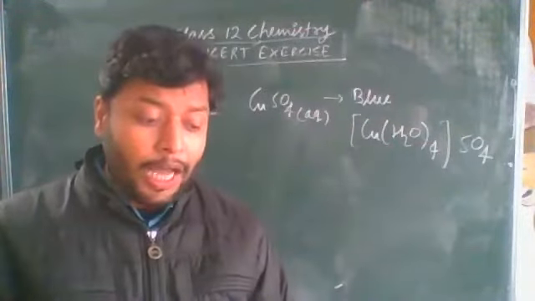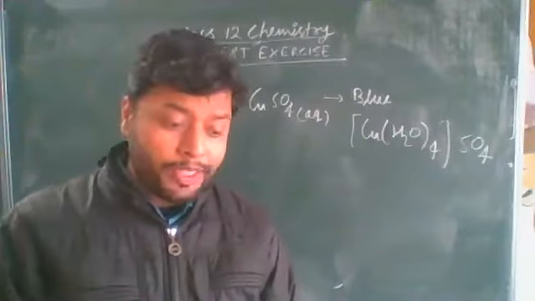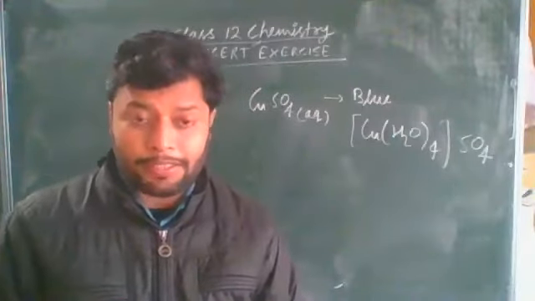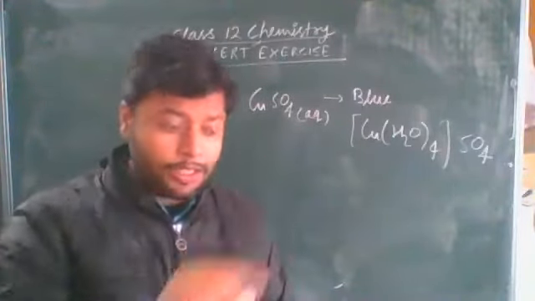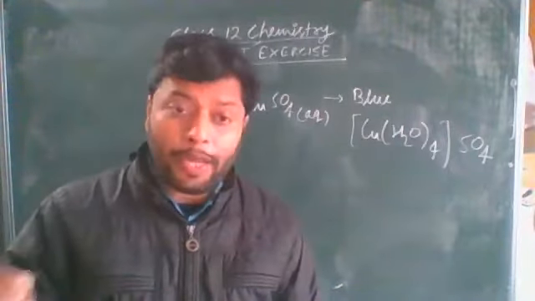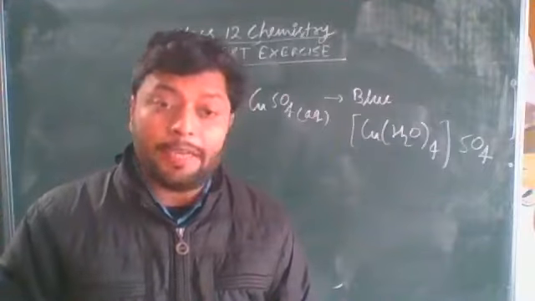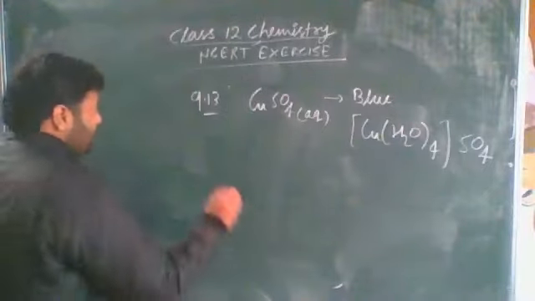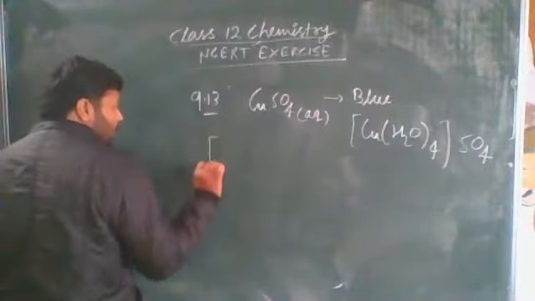Now the question is a green precipitate with aqueous potassium chloride. When this solution is added to potassium chloride, it will produce a green precipitate. Look at the possibility.